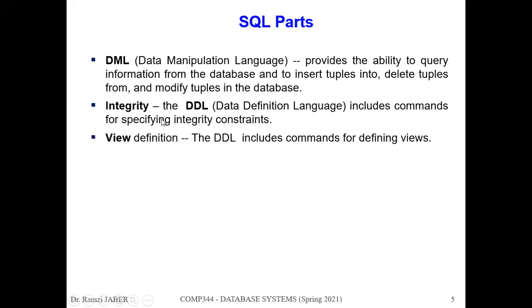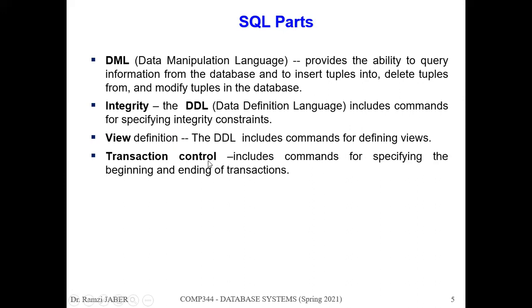Later, we'll learn how to make a view. View means a whole query, using DDL also. Then transaction control includes commands for specifying the beginning and ending of any transaction we'll make.